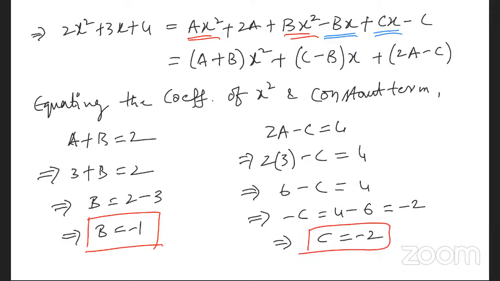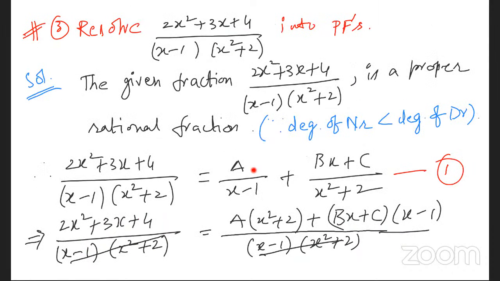So substitute all these values in equation 1. There's equation 1. So we're going to substitute the values of A, B, and C in equation 1. So what are we going to get?